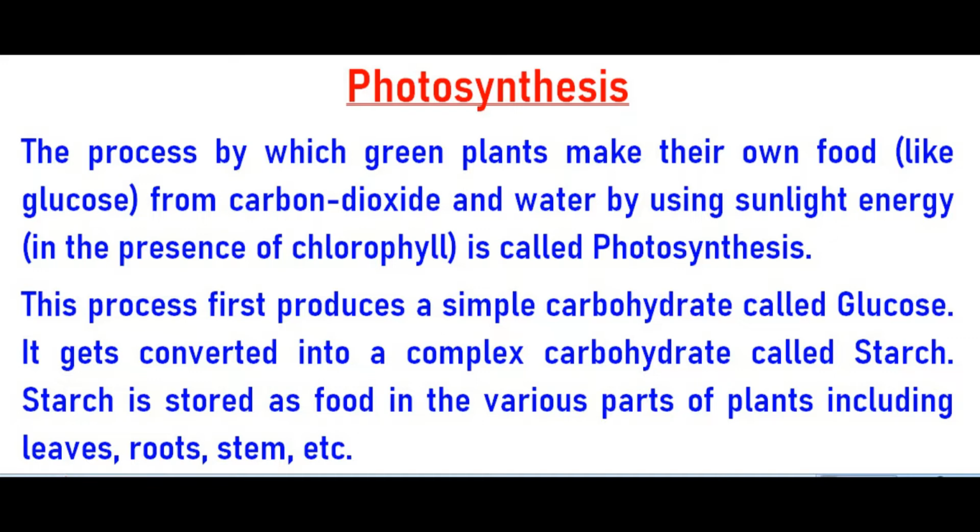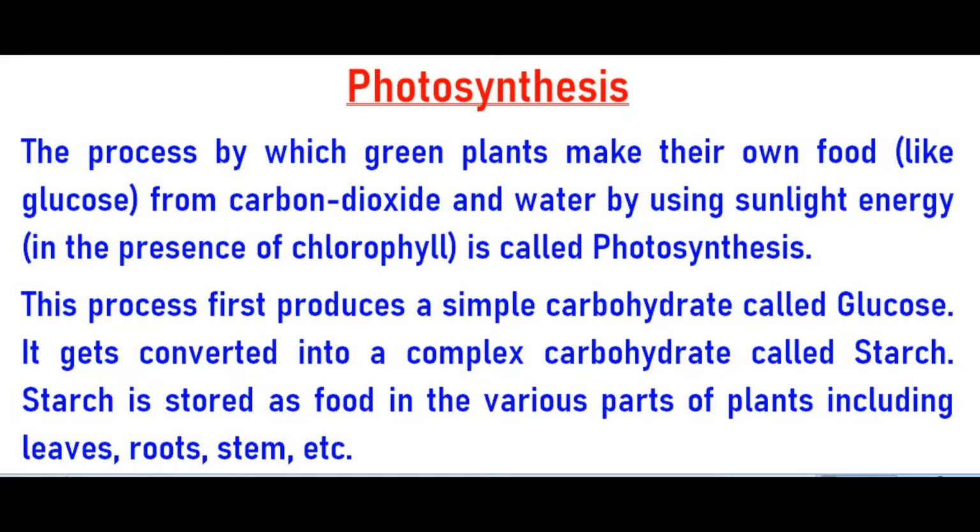This whole process is called photosynthesis: the process by which green plants make their own food like glucose from carbon dioxide and water by using sunlight energy in the presence of chlorophyll.